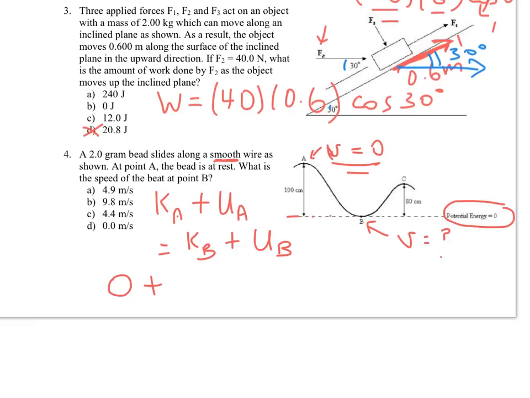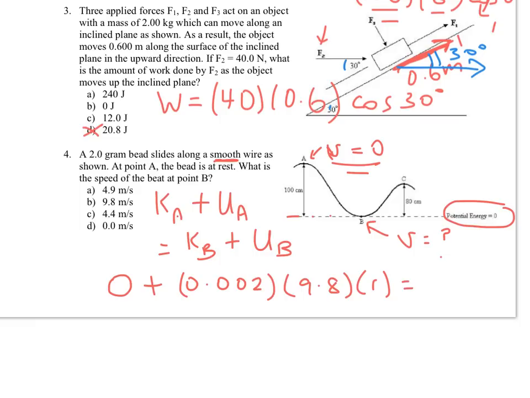Therefore, the potential energy at point A would be M, which is 0.02 kilograms, I convert 2 grams to kilograms, times g, 9.8, times h, which is 1 meter. 100 centimeters is 1 meter.